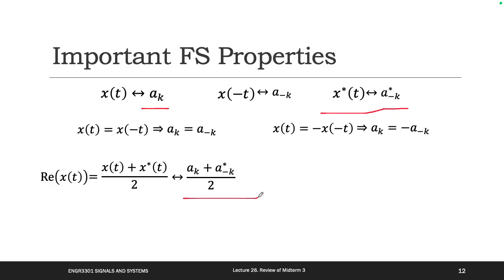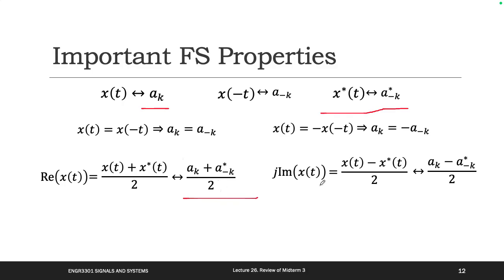There is one property we use here, the linearity property, because these are different signals. That makes sense to you? So this is for the real part. For the imaginary part, if the signal is a complex signal, you have this one, and same thing, you have the new FS coefficient for it. That's based on the properties we use.